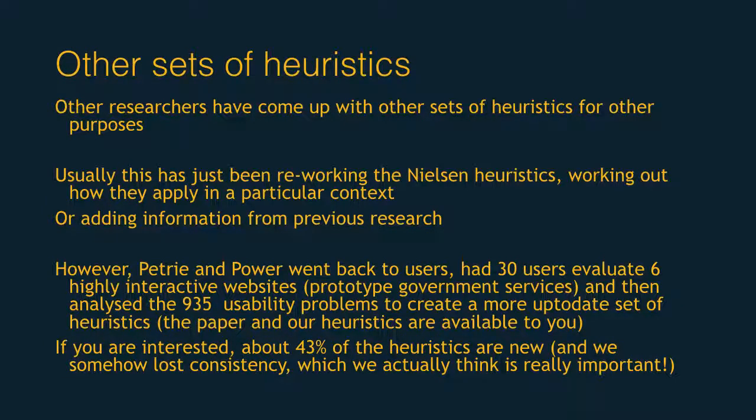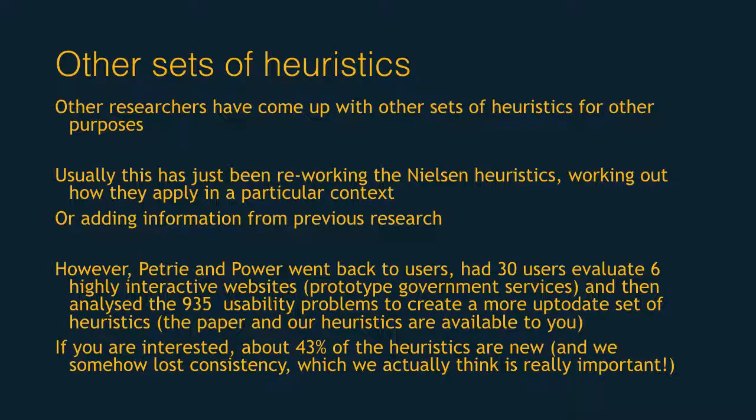There are actually other sets of heuristics. After Nielsen published his heuristics, quite a lot of people then came up with heuristics for particular contexts. So there were e-learning heuristics and heuristics for older people and heuristics for systems for children.